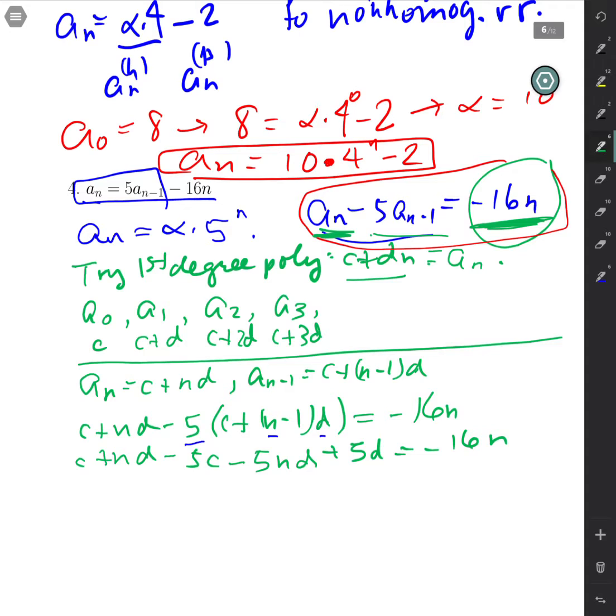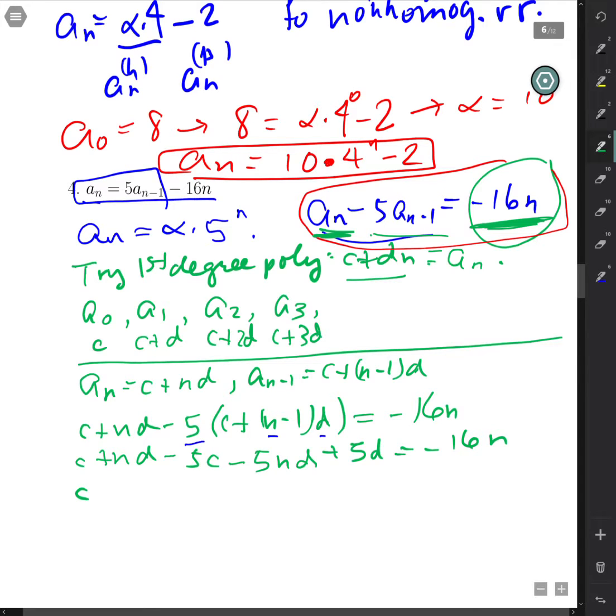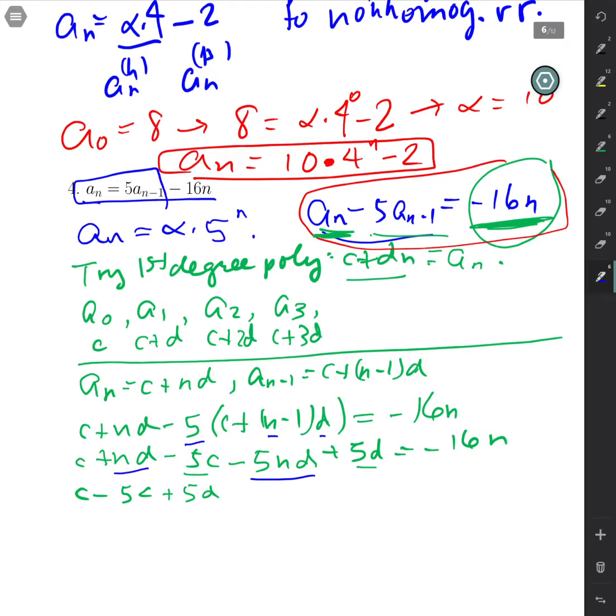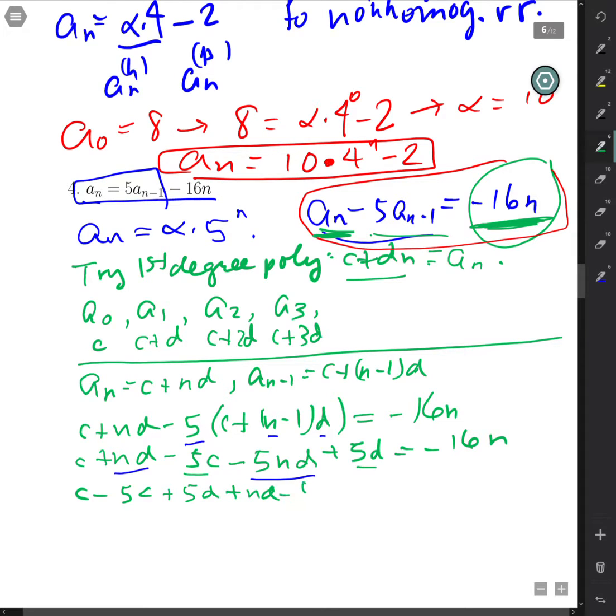If we bring these all together, the constant part has c minus 5c plus 5d, and the parts involving n are nd minus 5nd.